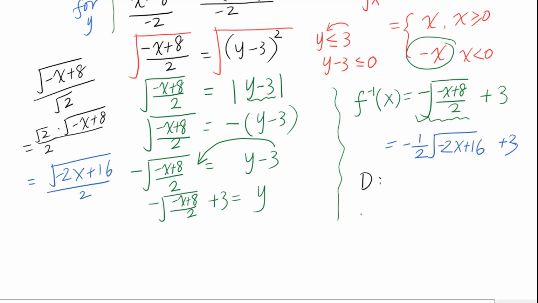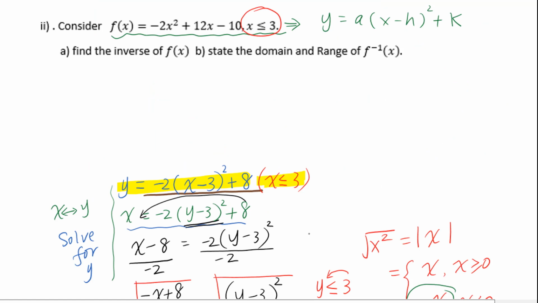For the domain and the range, we can get both from our original function. The domain is given, x less than or equal to 3. So how to get the range? We do know x squared is greater than or equal to 0. Therefore, (x minus 3) squared is greater than or equal to 0. Then we multiply by negative 2 both sides.